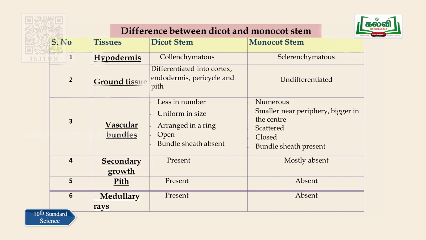They show open vascular bundles, and bundle sheath is absent. In monocot stem, they are numerous and smaller. The smaller vascular bundles are near the periphery, and the larger vascular bundles are towards the center. They are closed type vascular bundles, and the bundle sheath is present here.